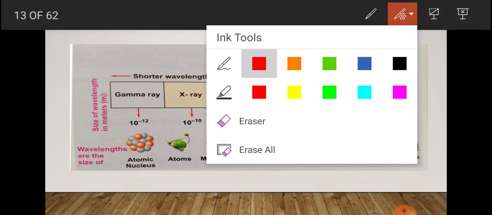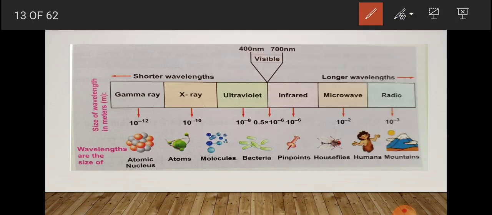Here, what I am trying to tell you is that this whole spectrum is called the electromagnetic spectrum, and our eyes are only able to see this visible region. These all we cannot see by our own eyes. We are only able to see this visible region. Thus, visible light is a small portion of the electromagnetic radiation.